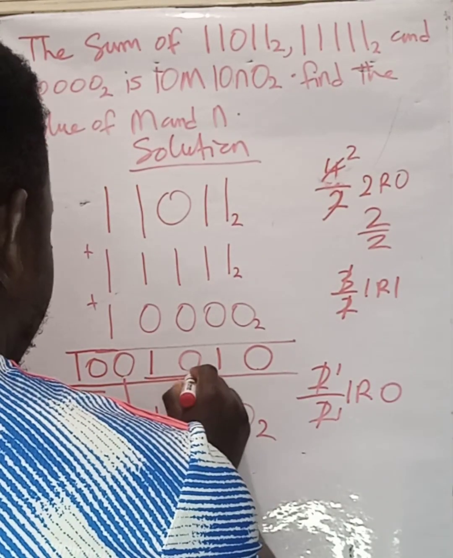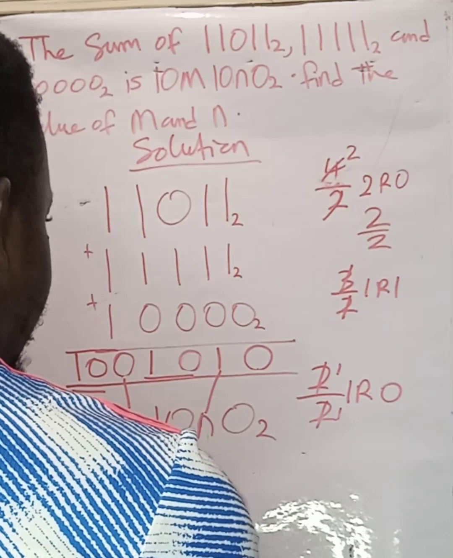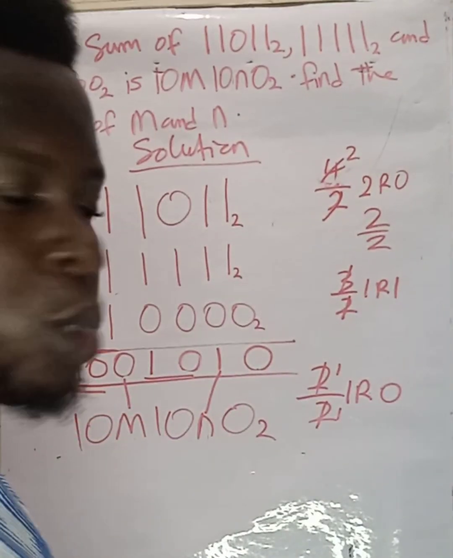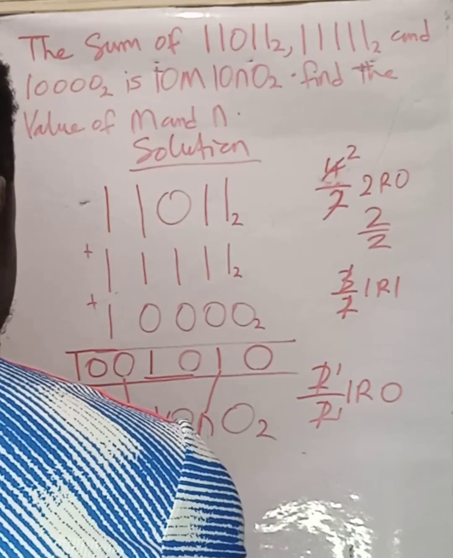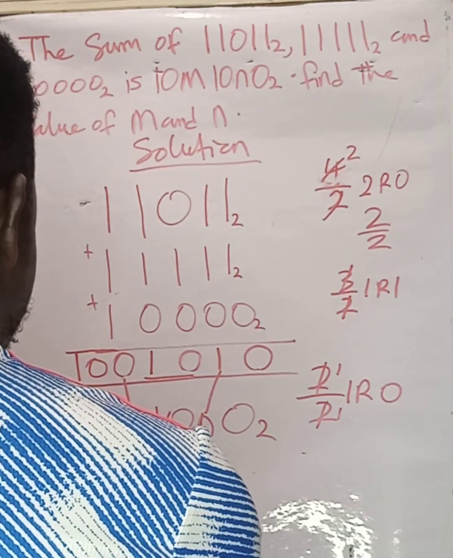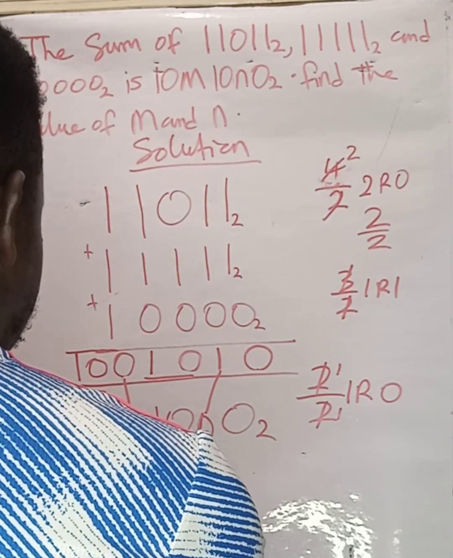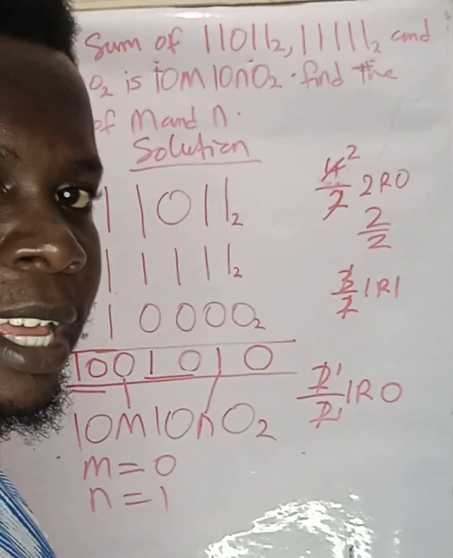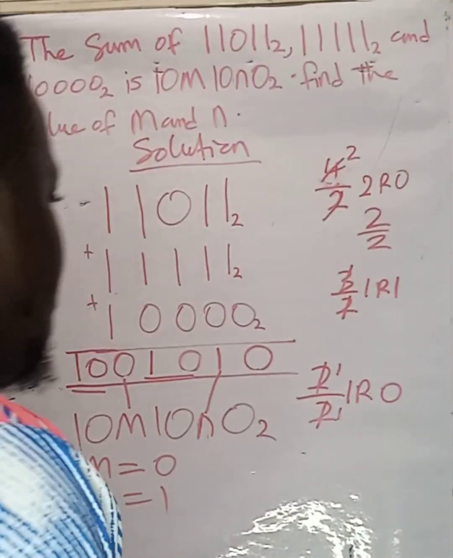We take 10 out and we have 1, which is n, and this is our 02. So in that case, our m is equal to 0 and our n is equal to 1. And that is our final answer.